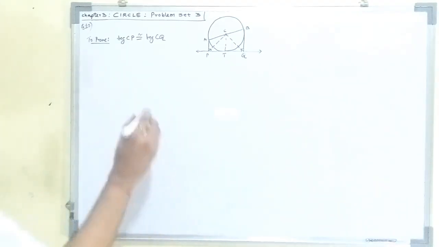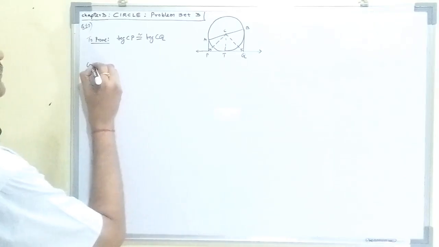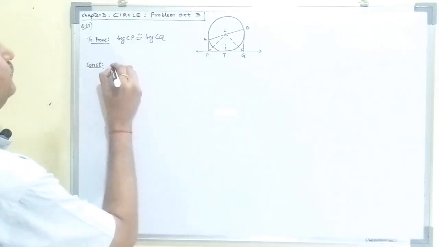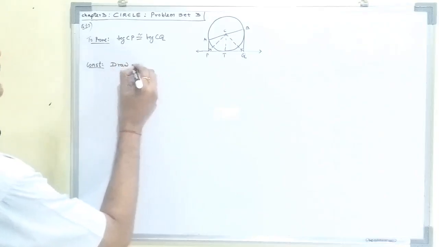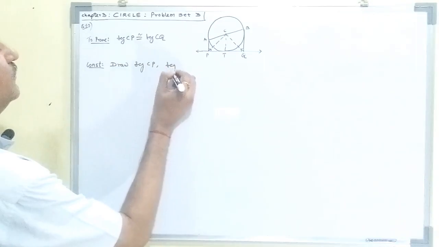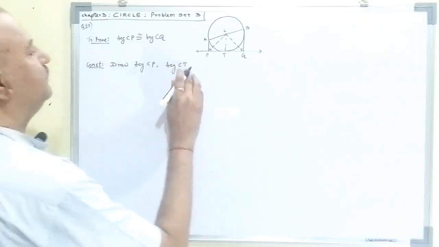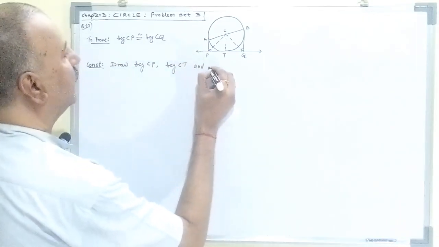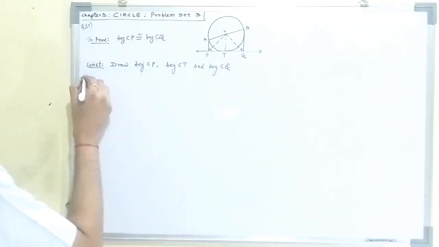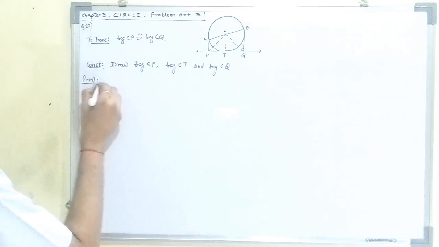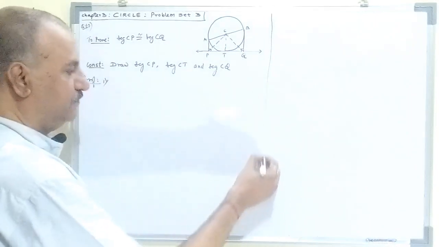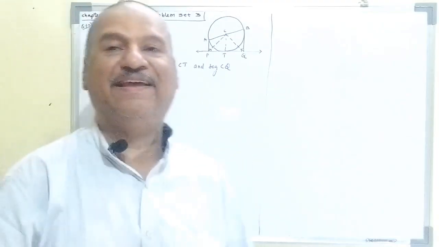अपना कंस्ट्रक्शन है, which is I have already given you here. Dotted lines पे देखो. Draw seg CP, seg CT and seg CQ, ये कंस्ट्रक्शन। Now we start with our proof. थोड़ा इंक भी डाल देते हैं.